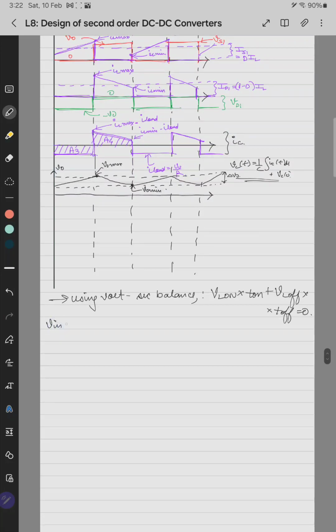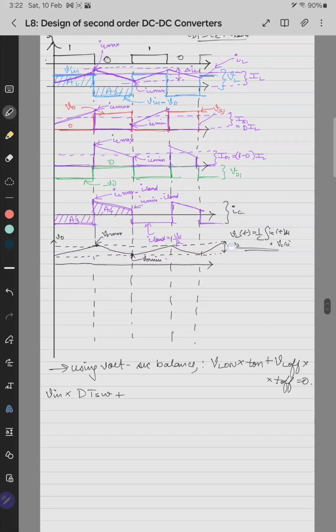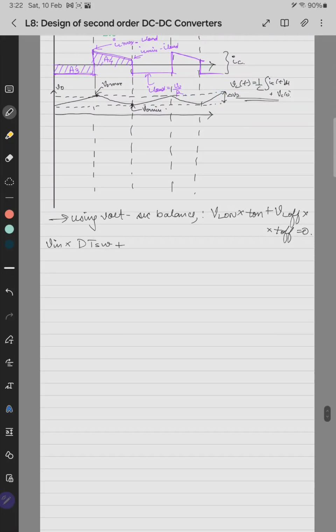So V in into D into T switching plus what is VL off? It is V in minus V naught. But V naught is greater than V in, so let's write minus of V naught minus V in. So this plus sign will go. It will be V in into D into T switching minus V naught minus V in into 1 minus D into T switching equals 0. T switching will get cancelled.